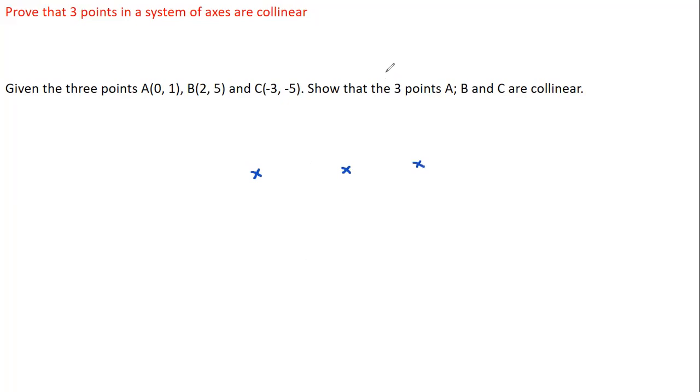What we mean by collinear is, if I draw a straight line, the 3 points will be collinear if the straight line passes in them. As you can see, the red straight line that I drew passes in the 3 points that I have. So we say that these 3 points are collinear points.